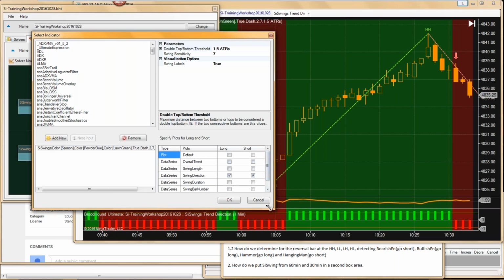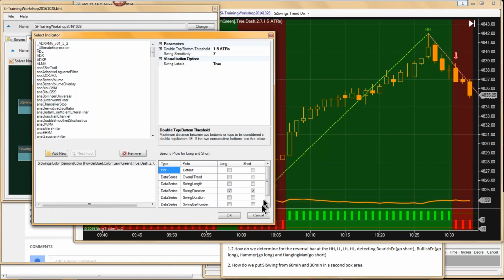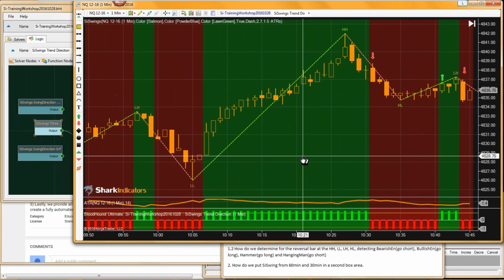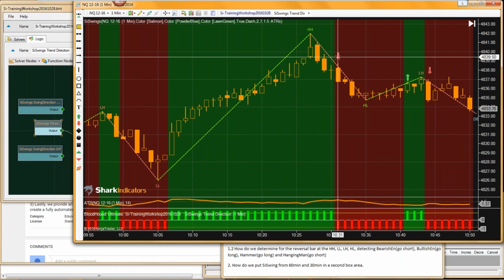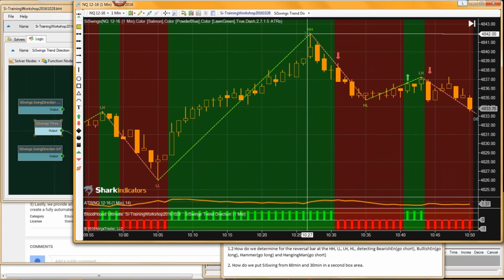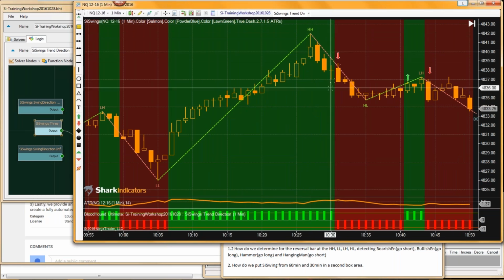That's right, this indicator doesn't actually have a data series that identifies the higher highs and higher low points. So this is as close as you can get to identifying that a higher high was just made, or a lower low was just made.